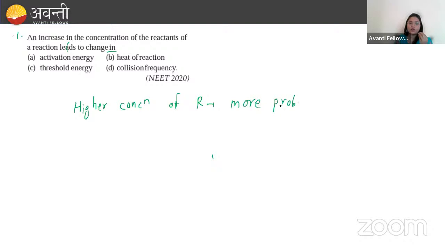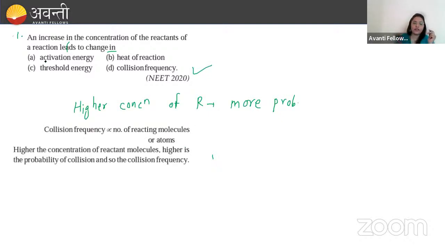So here collision frequency will be more, as collision frequency is directly proportional to the number of reacting molecules or atoms present. As the concentration increases, the number of reacting molecules or atoms increases. So higher the concentration of reactant, higher will be the probability of collision and the collision frequency. So our correct answer is D. Any doubt in this?